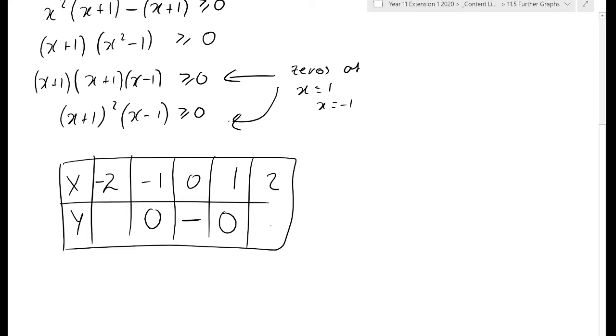So positive times a positive, which is positive. And then my last bit, negative 2 goes in, I get negative 1 squared, so that's a positive. So any negative becomes a positive here, so it's positive in here. Minus 2 minus 1, which is minus 3, so it's a negative. Positive times a negative makes a negative, so it's a negative there.